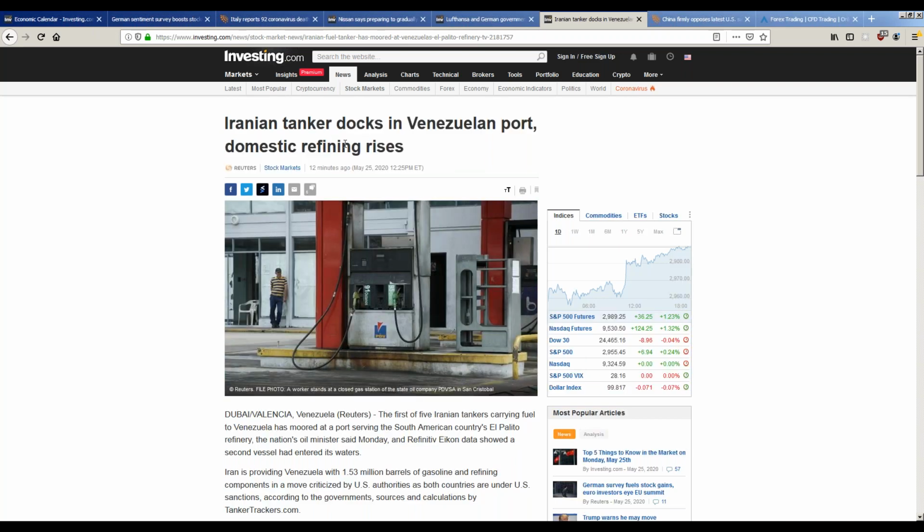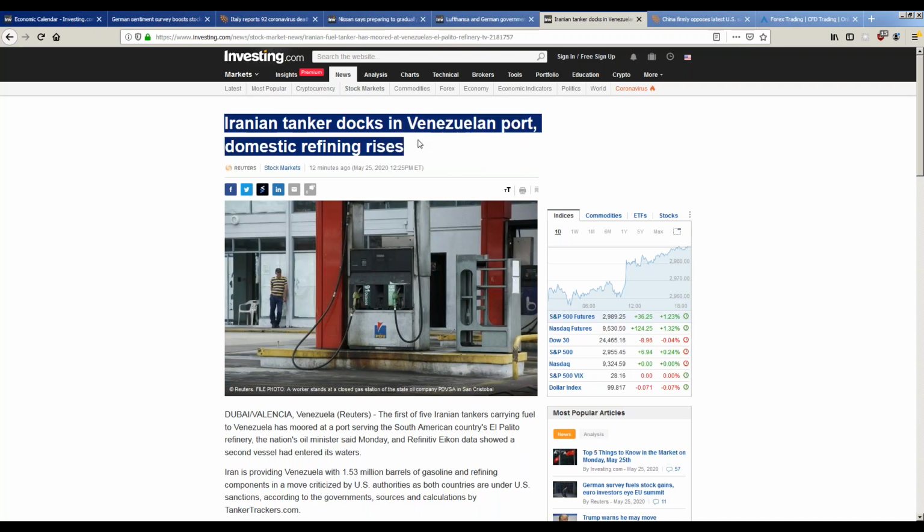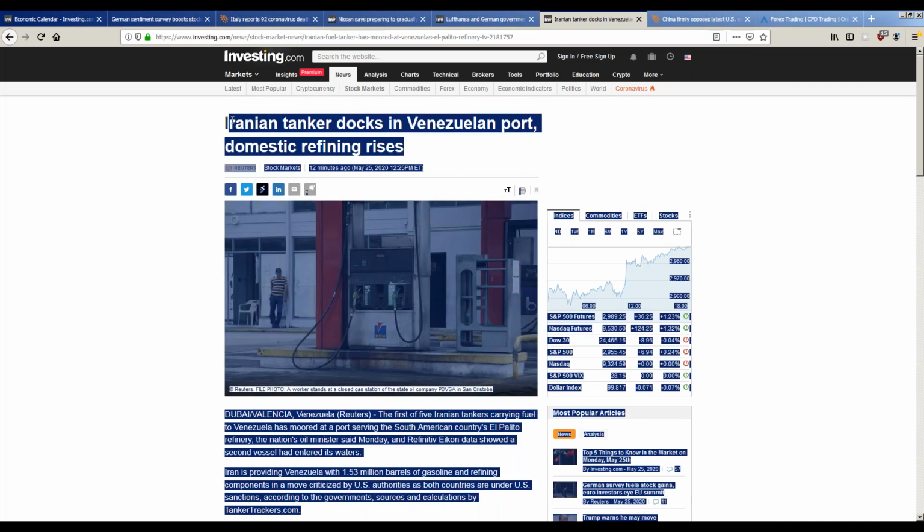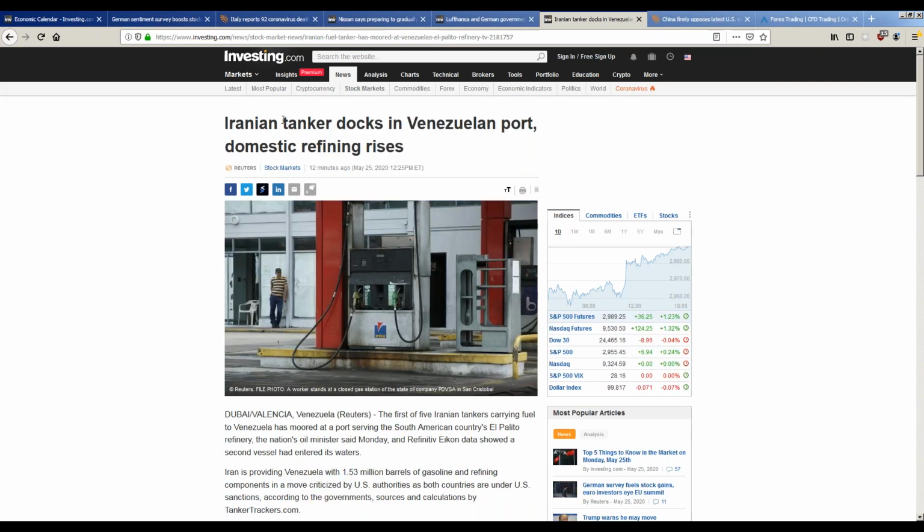Venezuela's got a dictatorial regime. Iran has a dictatorial regime. Neither country likes the US, and the US pretty much doesn't like either of those countries' policies. And there are sanctions on both countries that are going to affect this whole oil situation. So I would say keep your eye out for more headlines about what this could bring.